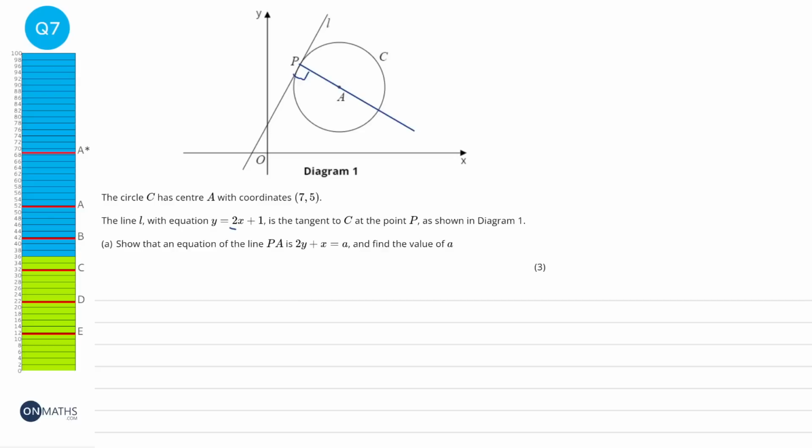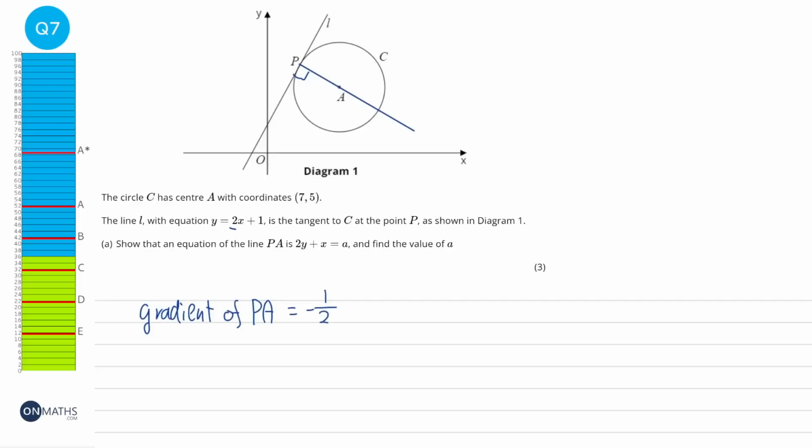So the gradient of PA is going to be minus, because the gradient of L is a positive, and it would be 1 over the gradient of L, which would be 1 over 2. So it's going to be -1/2.